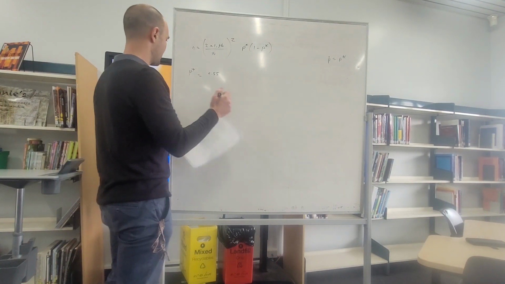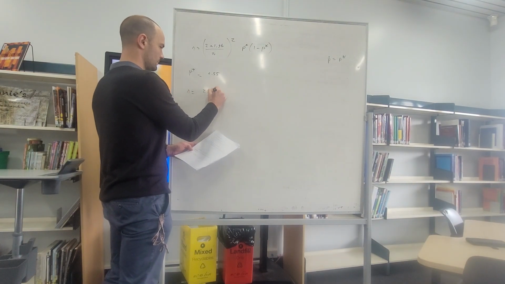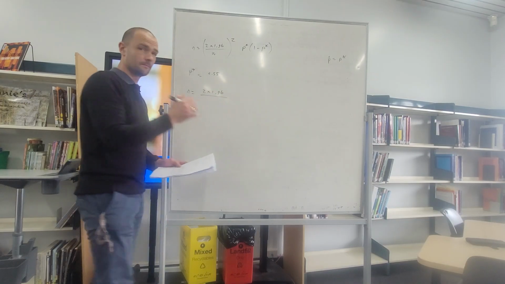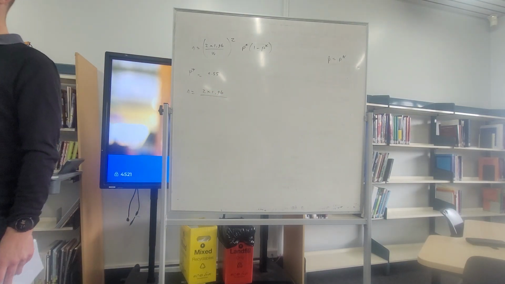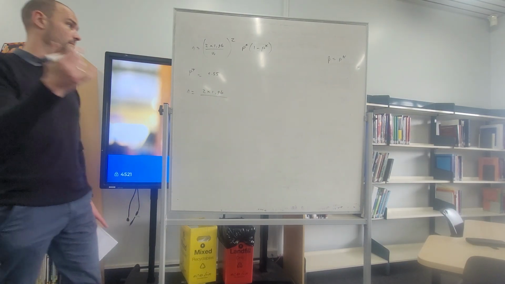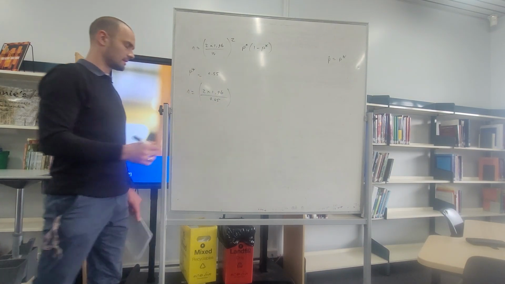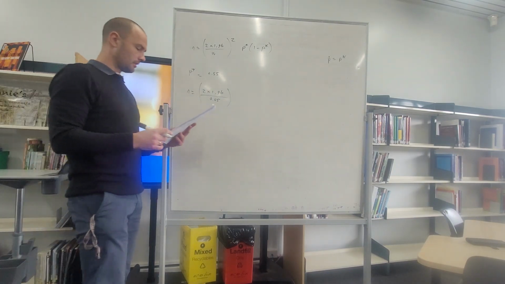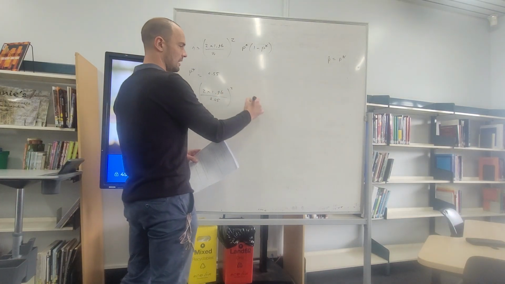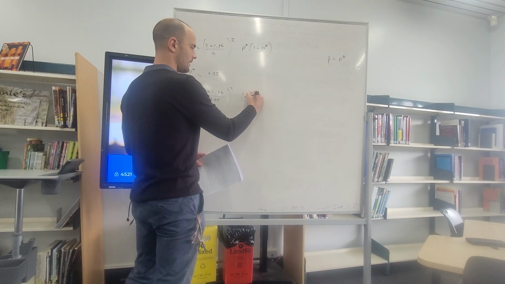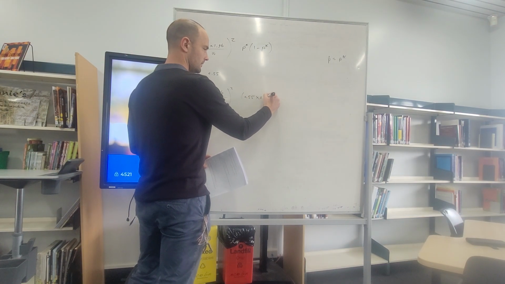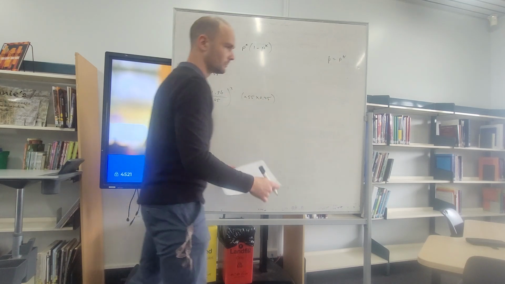So we have n equals 2 times 1.96 divided by the width. 5% as a decimal is 0.05. That value is squared, and then we multiply it by 0.55 times the inverse, 0.45.